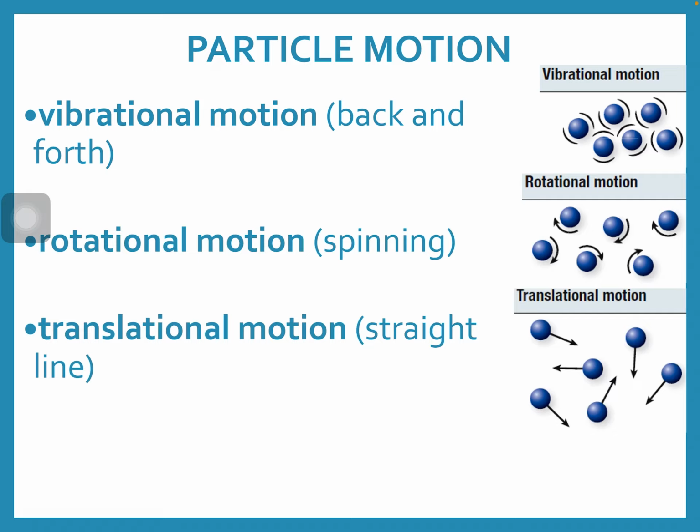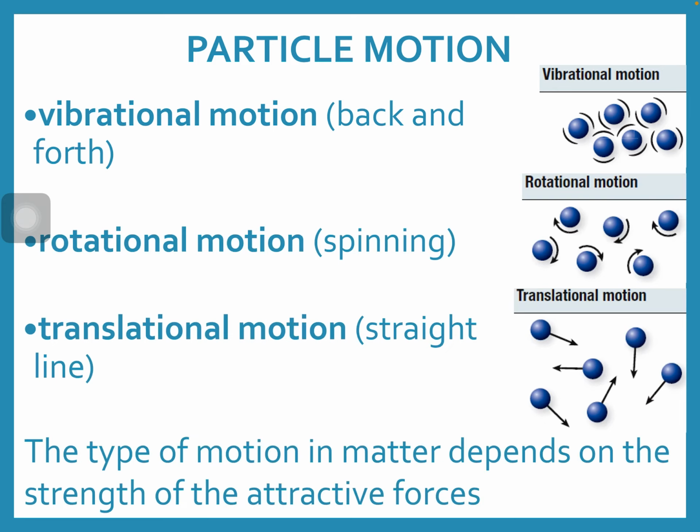And the last kind is translational motion, which is a straight line motion. This will be in both liquids and gases, where particles are able to move away from one another. Now the difference is that in gases, the particles can move completely away from one another, whereas in a liquid, a particle can simply move away from the particle that it's next to, but is still going to be close to other particles.